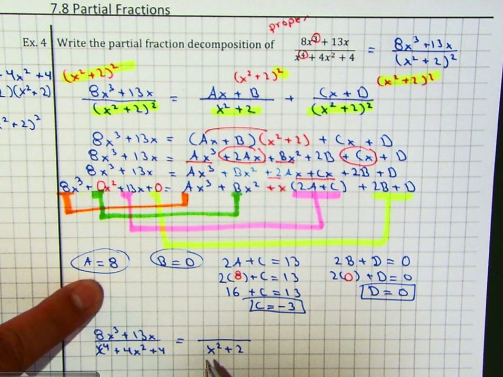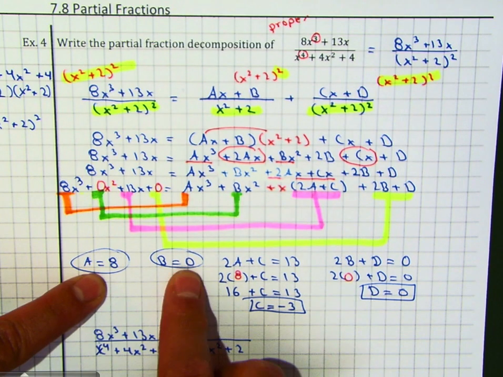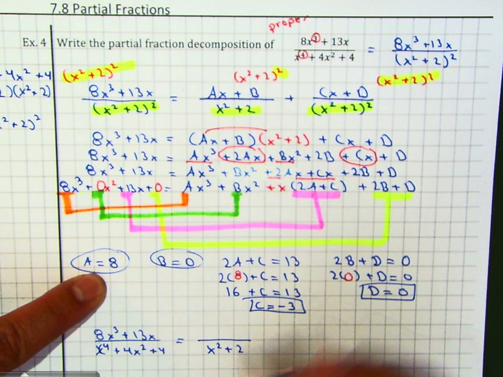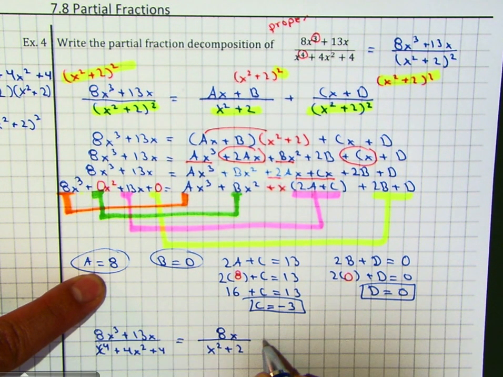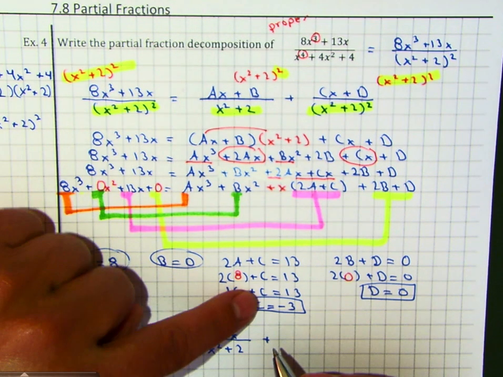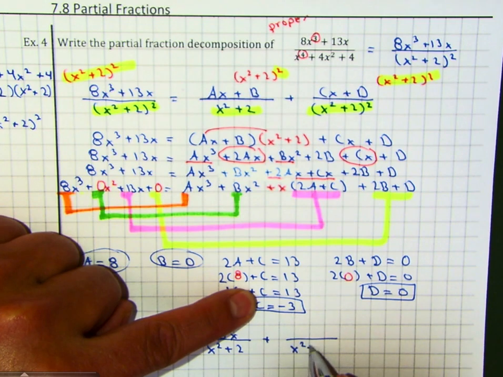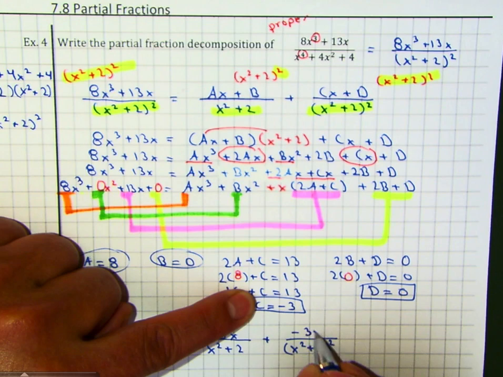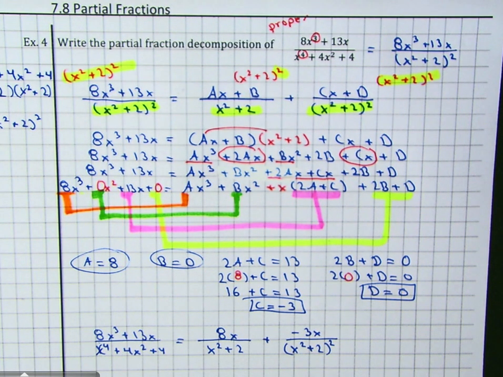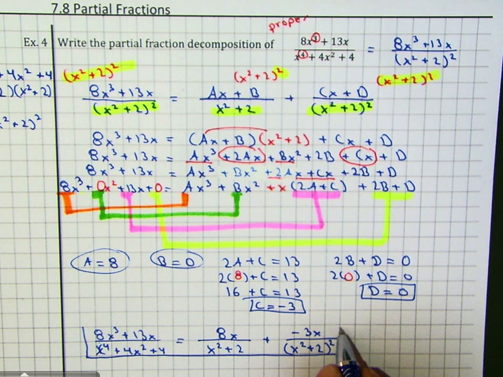My a is 8, my b is 0, so therefore I just need 8x plus my c is negative 3, but my d is 0. So therefore I just need negative 3x. So according to work above, these two expressions will be the same.